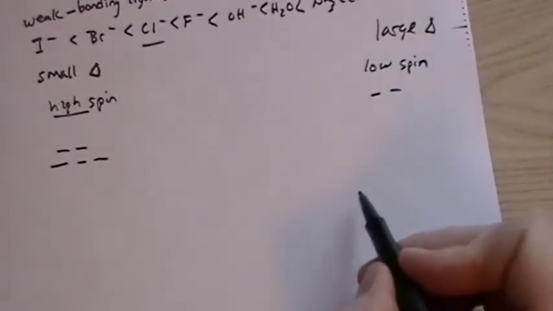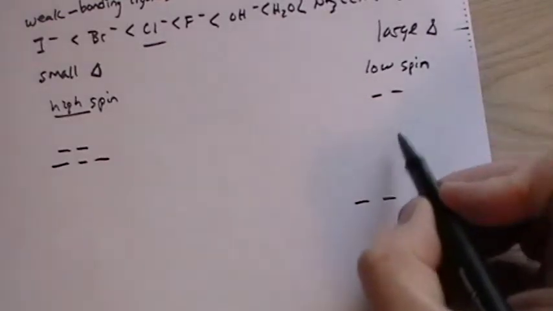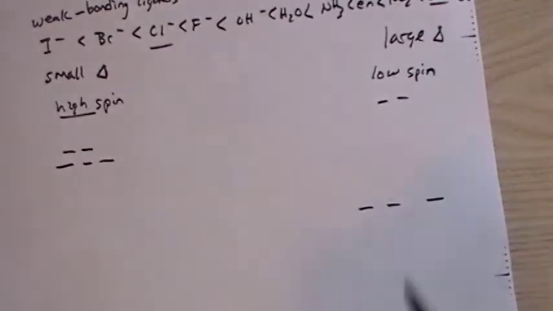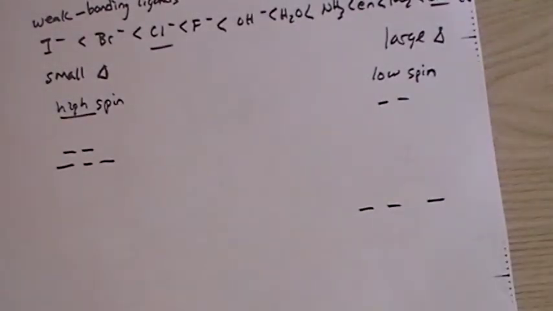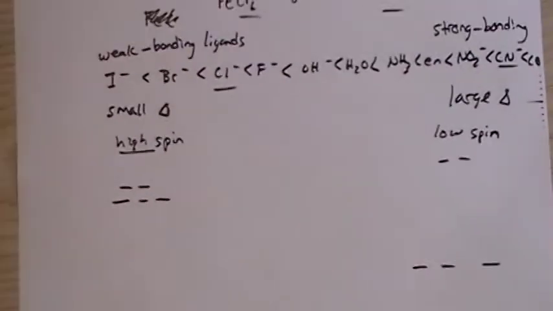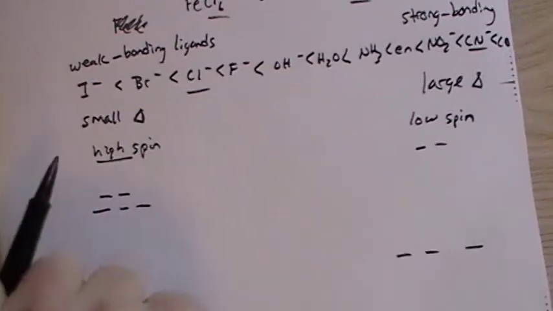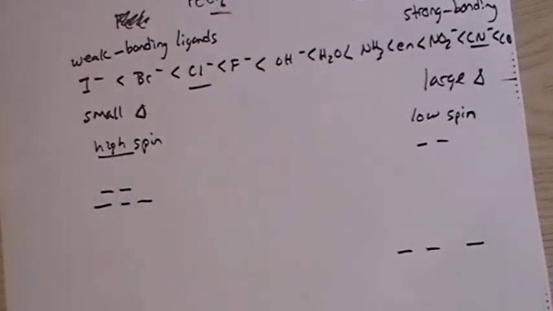Large delta, go really extreme, then it's going to be low spin because the electrons are going to have a hard time getting up to the top, so they're going to pair up. So large delta means low spin. Small delta means high spin. And that catches me even today. I have to just stop, it doesn't take too long, just a couple of seconds, but I have to get that difference back in my head.